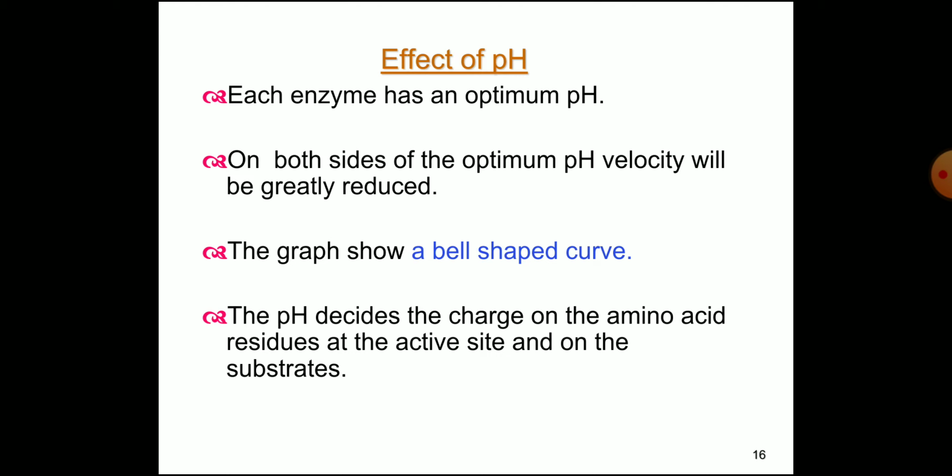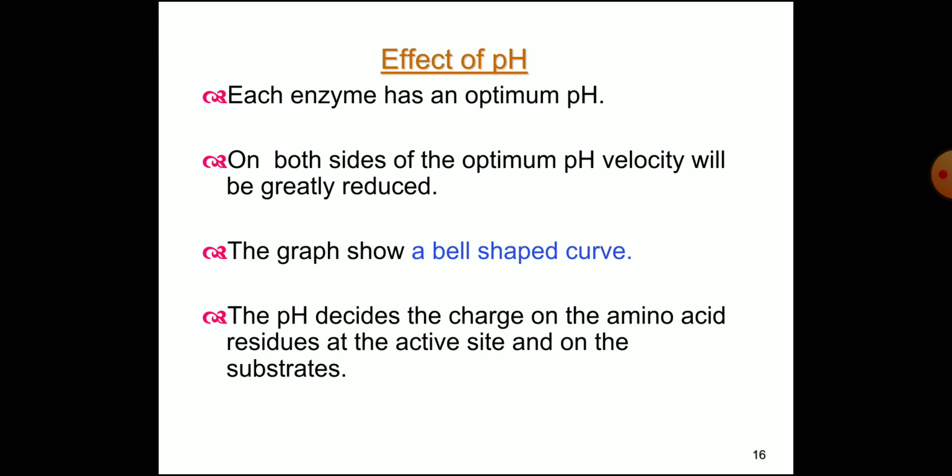The graph shows a bell-shaped curve. If you plot the pH against the velocity, again you get the bell-shaped curve. The pH decides the charge on the amino acid residues at the active site of the enzyme and on the substrate.